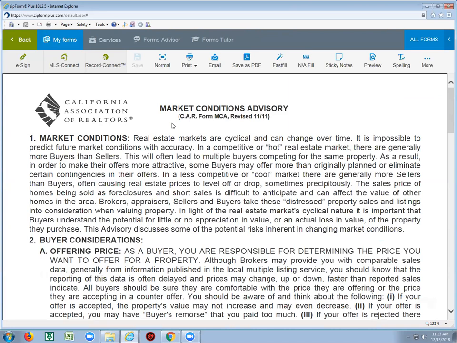Every time in our company, every single transaction, during escrow, we have the buyer sign the disclosure at the same time. Even if the listing agent did not provide it to us, we will let our buyer sign it and give it back to the listing agent, and let the seller sign it.